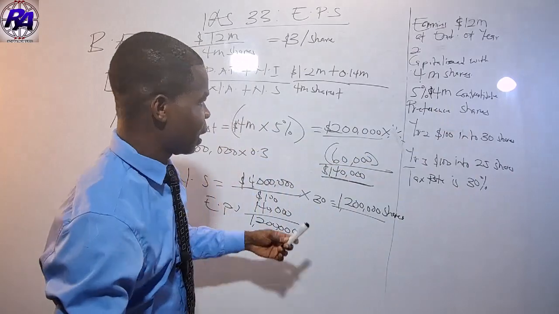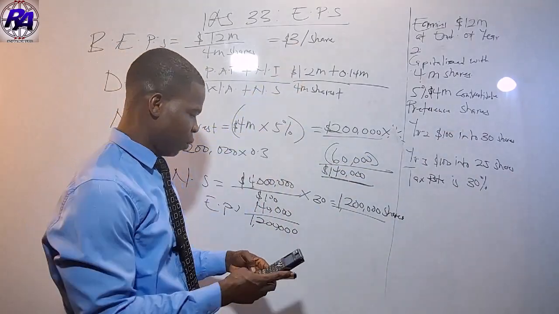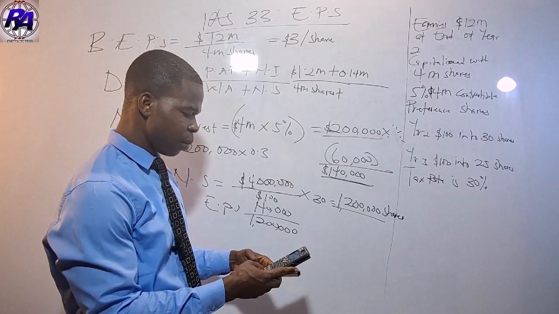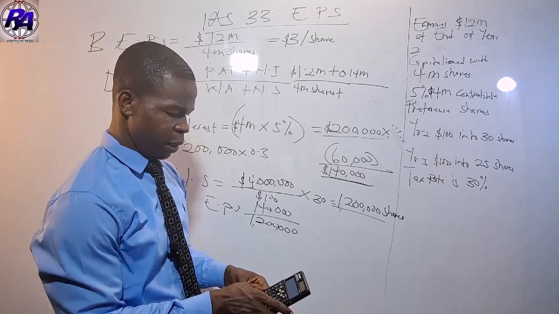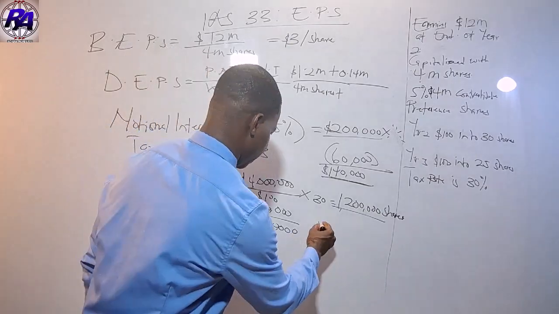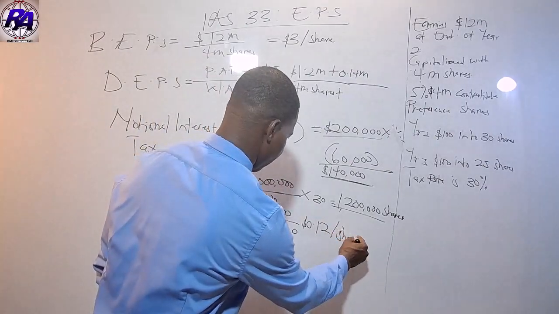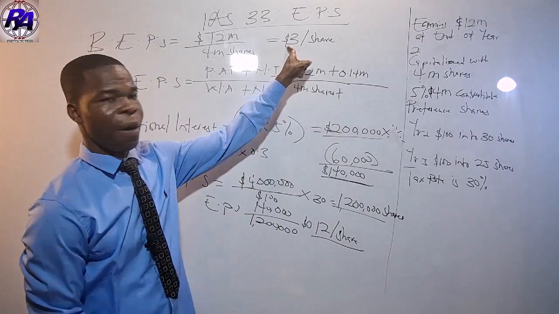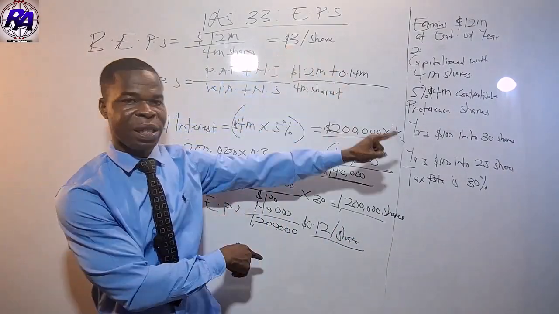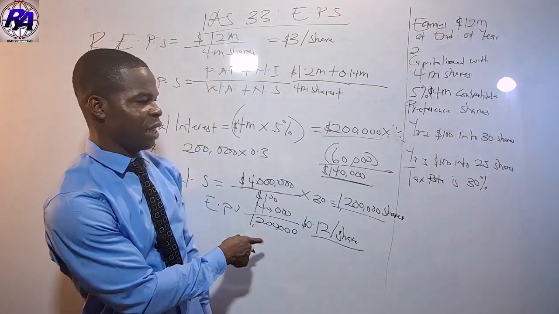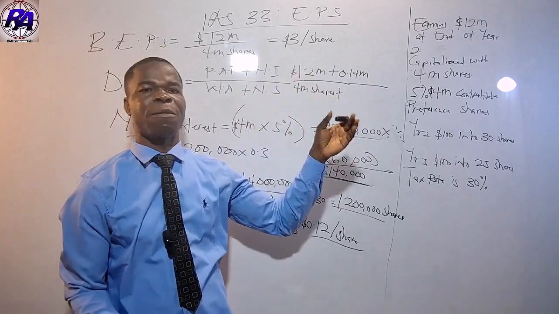If you compute this and it is more than the basic, then that means it's not dilutive. So 140,000 divided by 1,200,000 shares is giving us 12 cents or $0.12 per share. And this is way below our basic earnings per share, indicating that these new shares are dilutive in nature. So once it's dilutive in nature, we can go ahead and compute our diluted earnings per share.